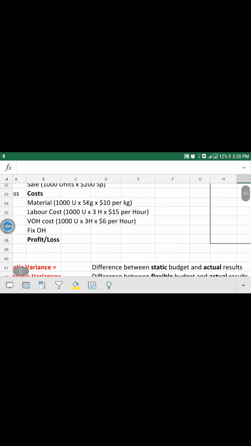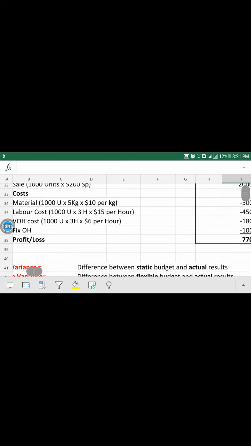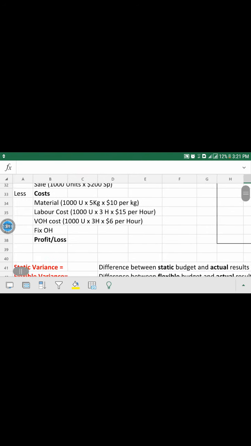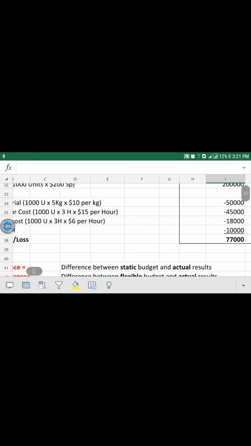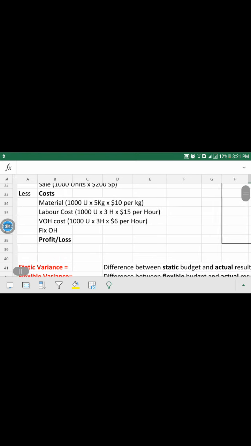Because 15 times 3 is 45, and we multiply that 45 with our budgeted activities level, 1,000. So total labor cost is 1,000 units into 3 hours into 15, which is 45,000.